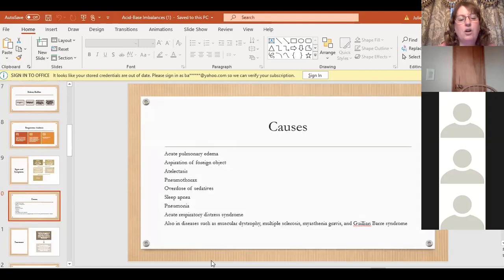So here are some of the causes of why you might have hypoventilation. I think they make sense. These are things that would make you not be able to breathe well. So, hey, I have a PE, an acute pulmonary embolism. I have aspirated something like a foreign object, like, I don't know if your kids have ever swallowed anything they're not supposed to, but something like that.